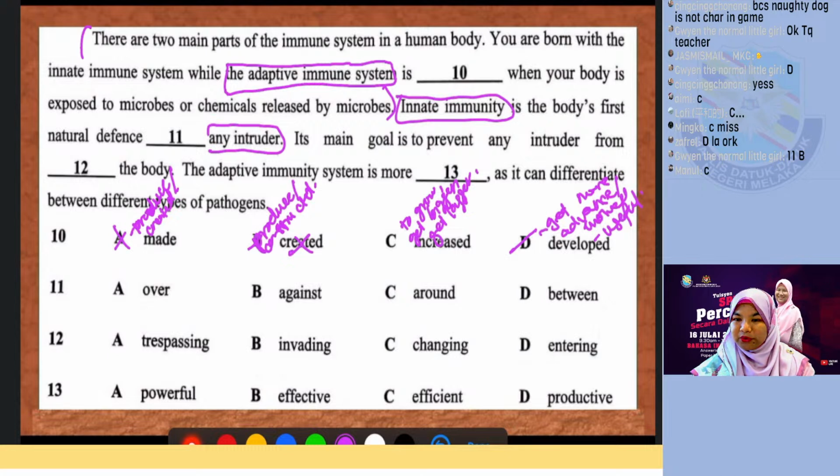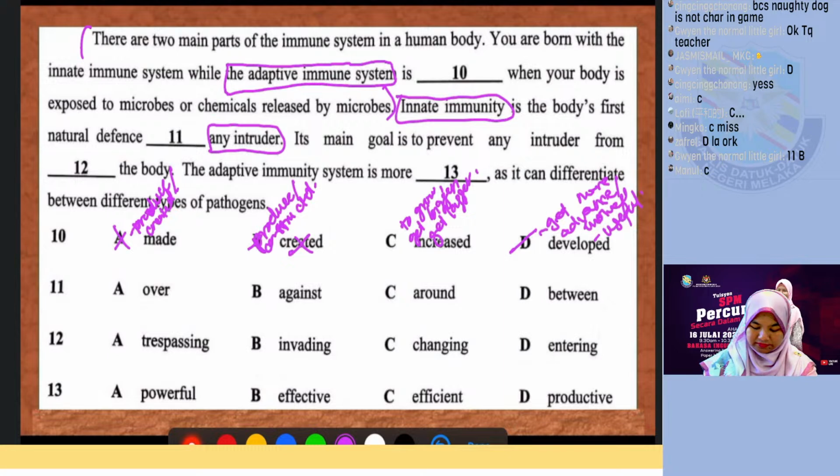Gwen said 11B. Mano said C. Intruders mean something which is attacking us, something that attacks. So here we use against. Against intruders, against enemy, against any disease.